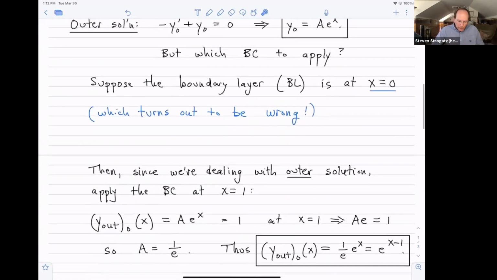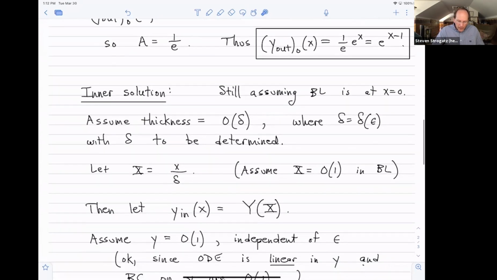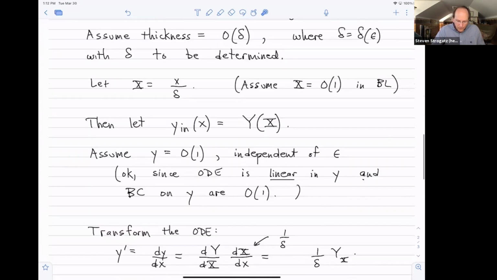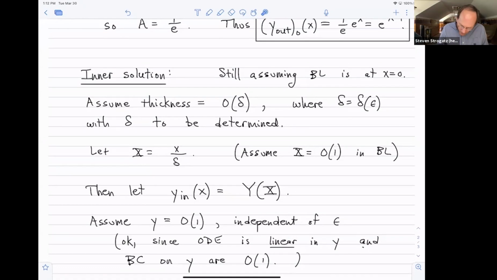The one thing you could observe is that since the equation is linear, we do have scales on the boundary conditions, though. We said that y of 1 was 1. So that says that the scale for the boundary condition is 1, and since the whole equation is linear, you'd sort of expect little y to have an order 1 scale throughout.